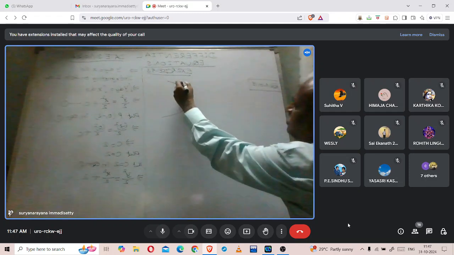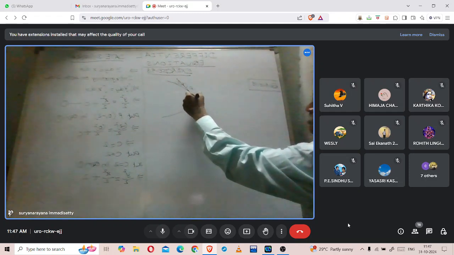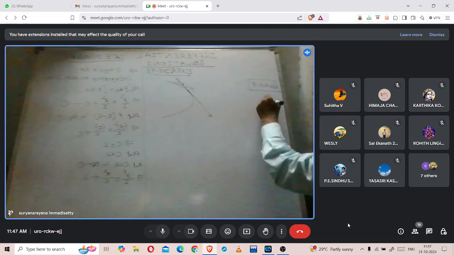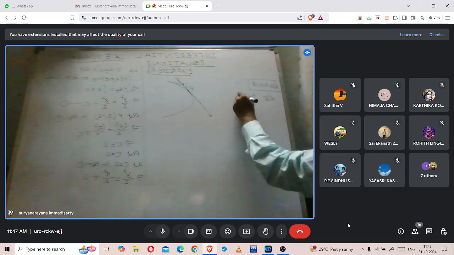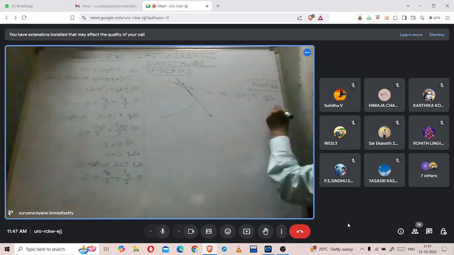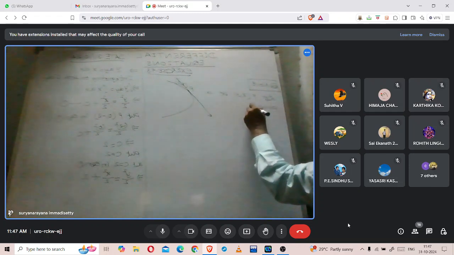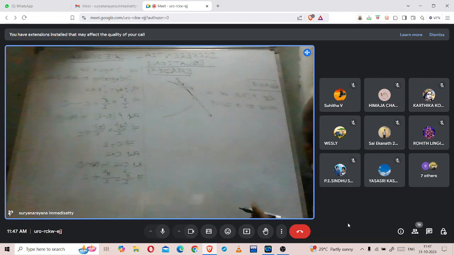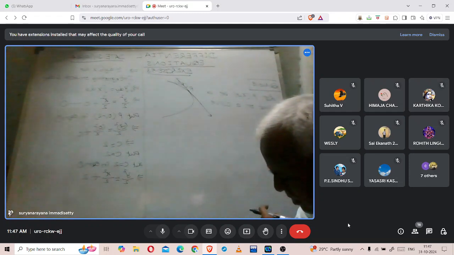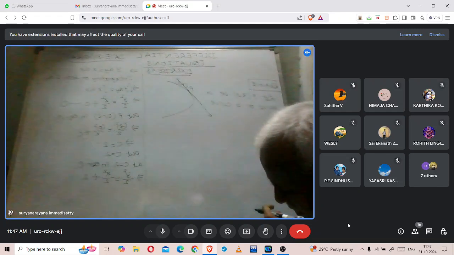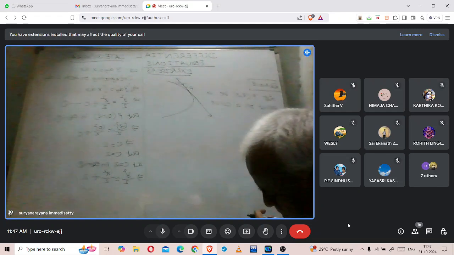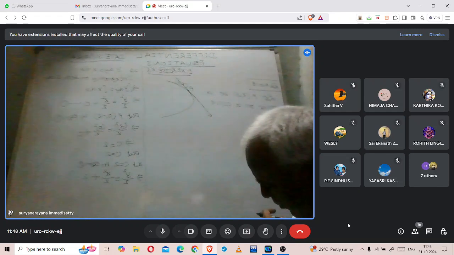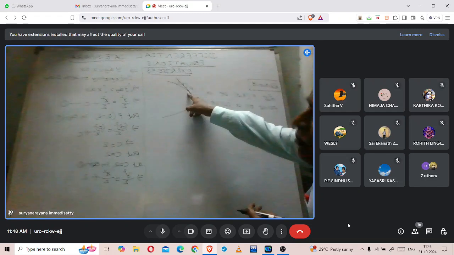At this point we have drawn a tangent. Okay, let P x comma y be a point on the curve. Okay, then what is given? The slope of the tangent is twice the slope of the line segment joining the point of contact. Here this P is called point of contact only.